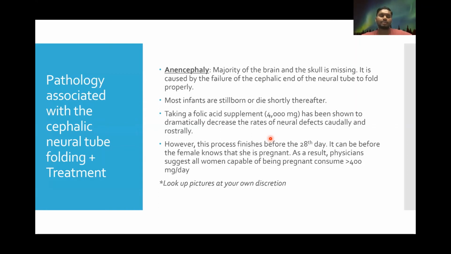And a lot of the time, the woman doesn't know that she's actually pregnant, so she doesn't know to take a folic acid supplement. As a result of this conundrum, physicians strongly suggest that all women who are capable of being pregnant consume at least 400 micrograms per day.